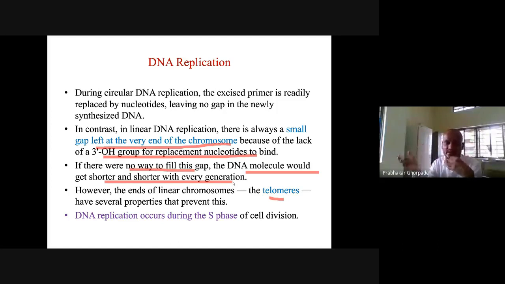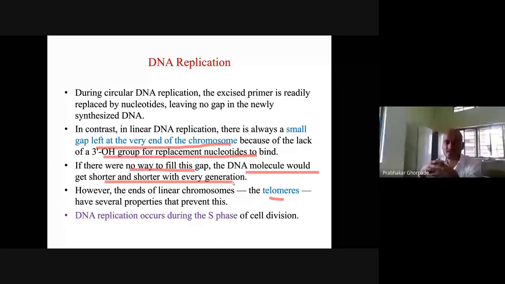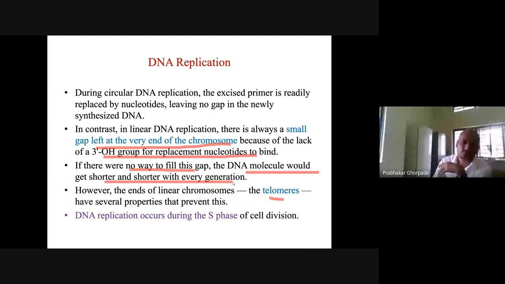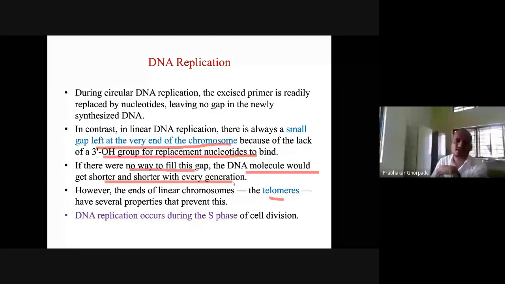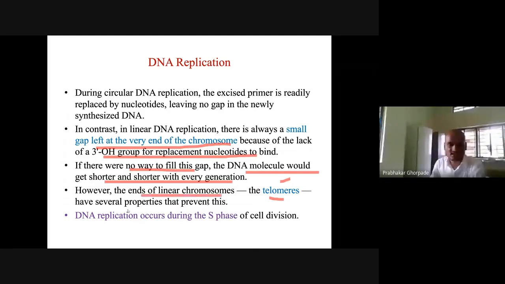Every time the genome is replicated, the chromosome becomes shorter, and it causes many problems because the genome is our basic element which determines all our body functions. To address that, the cell has telomeres at the end of the linear chromosome, which have several properties that prevent this.